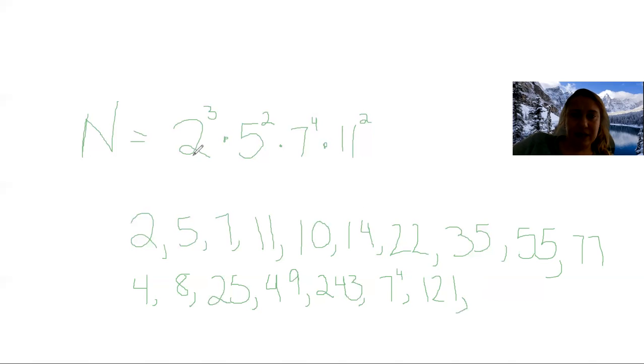I could say, well, this is 8, and I could do an 8 times a 5 to get 40. Or I could do a 4. This contains 4. I could do a 4 times a 7 to get 28. I could do a 4 times 11 to get a 44.